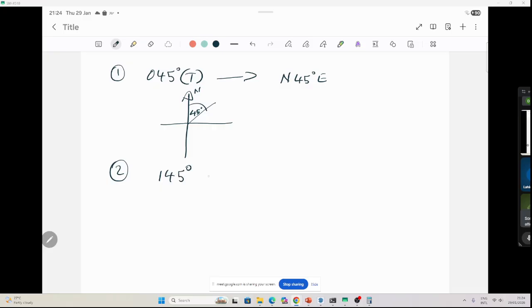Okay. So please convert this one: 145 degrees true. Convert it to quadrantal and type the answer here. No, wrong.